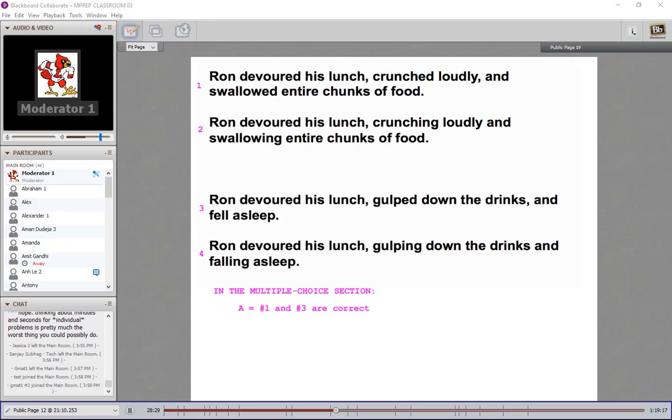Somebody already picked a choice, that's interesting. Give me choice B if number 1 and number 4 are correct. Give me choice C if number 2 and number 3 are correct. And give me choice D if number 2 and number 4 are correct.